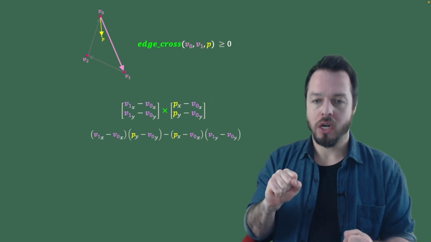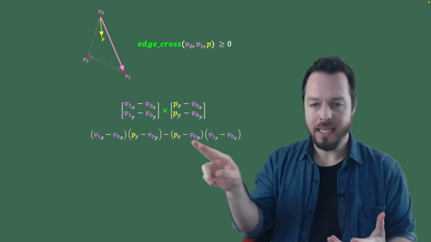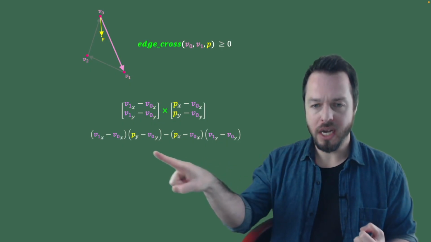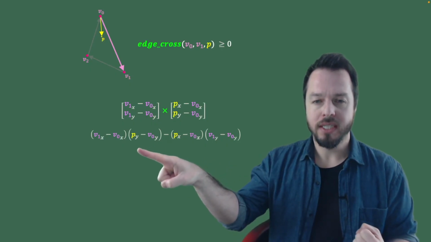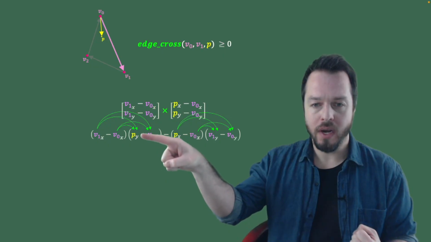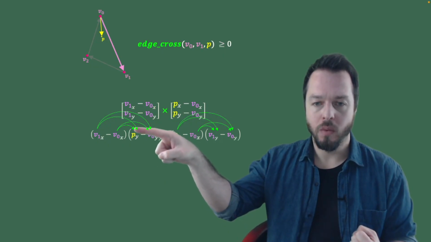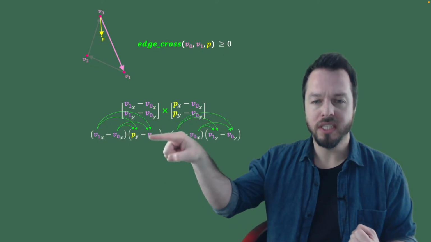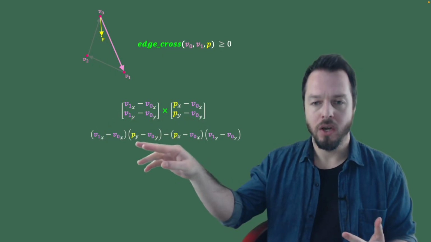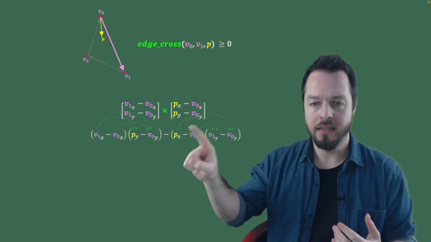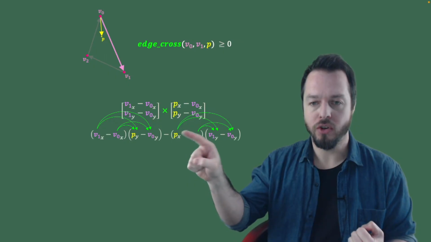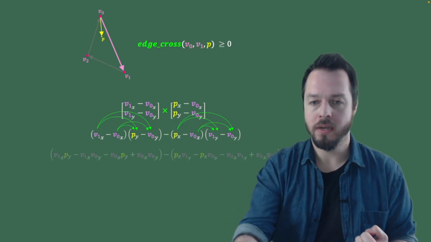So I'm going to start doing a couple of things. Let's expand this thing. Do you see how we have that multiplication? Let me just distribute that multiplication. So V1x times Py, V1x times V0y. I'm just going to distribute that multiplication and expand both of these multiplications, to open everything.